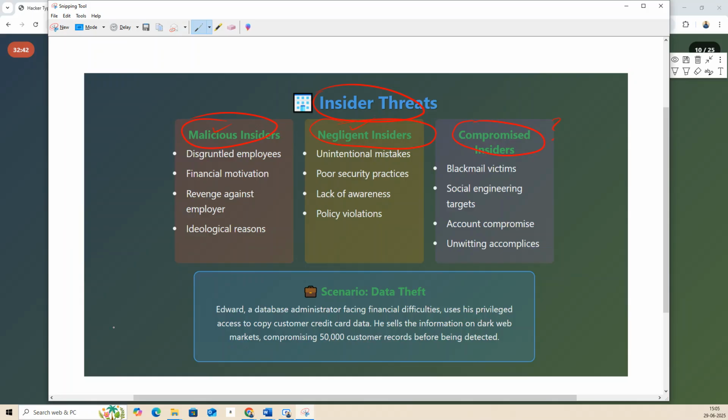Let me tell you about Edward, not Snowden, but a database administrator at a mid-sized financial company. Edward had worked at the company for 8 years. He was trusted, competent, and well liked by his colleagues.